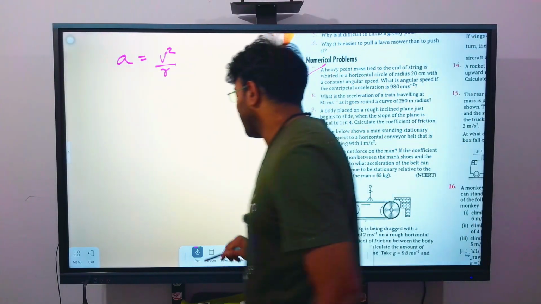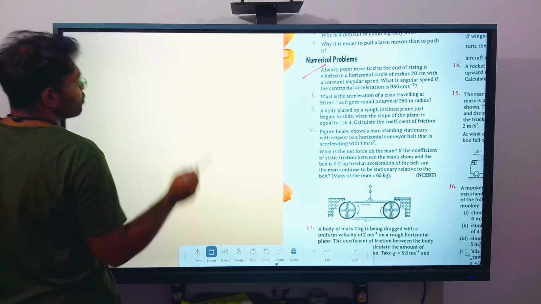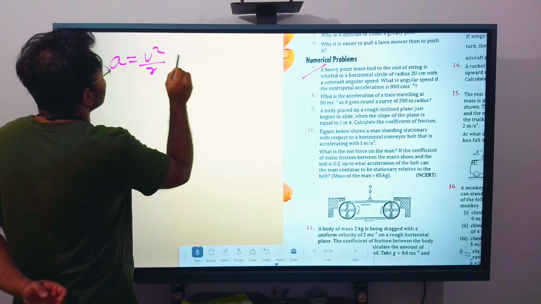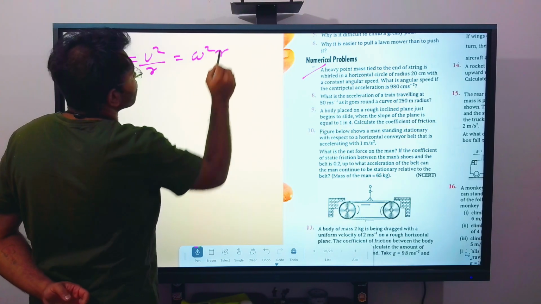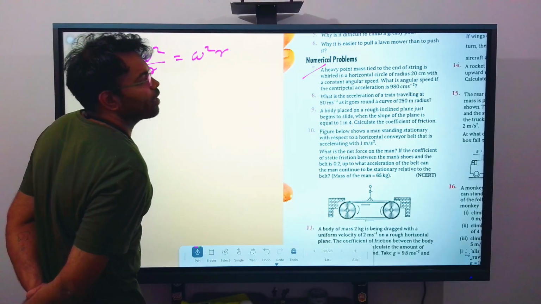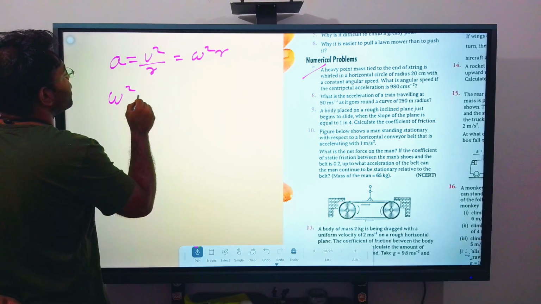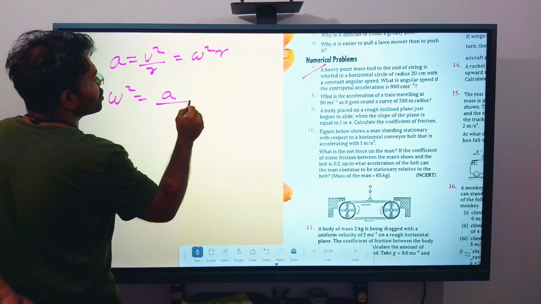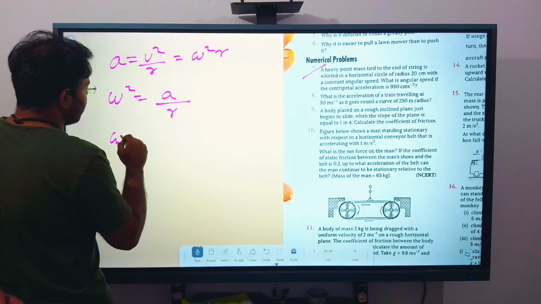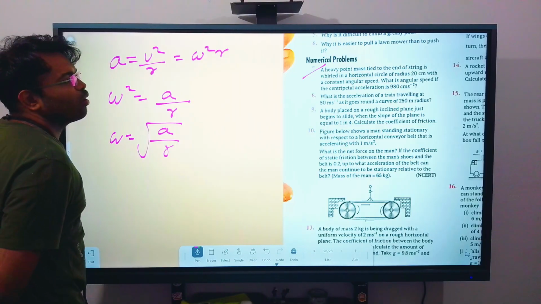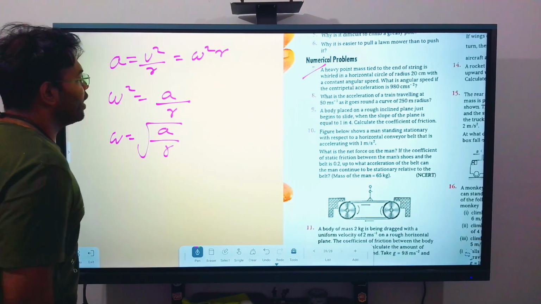They're asking us to find that. So acceleration is equal to V square upon R, which is equal to omega squared R. So omega squared is equal to acceleration upon R. Omega is equal to root under a upon R. Understood? Root under a upon R.